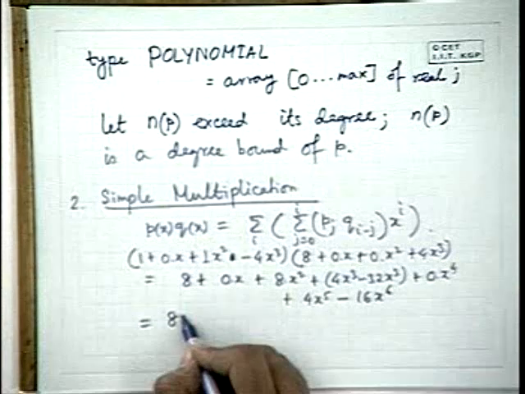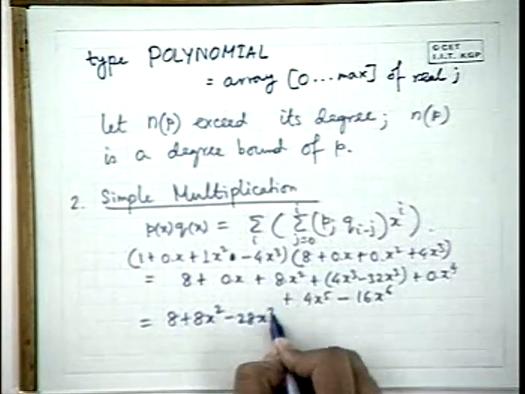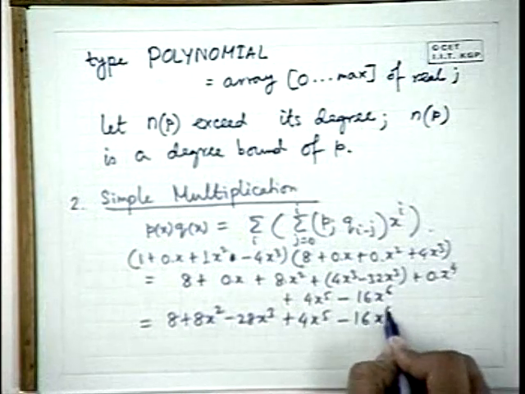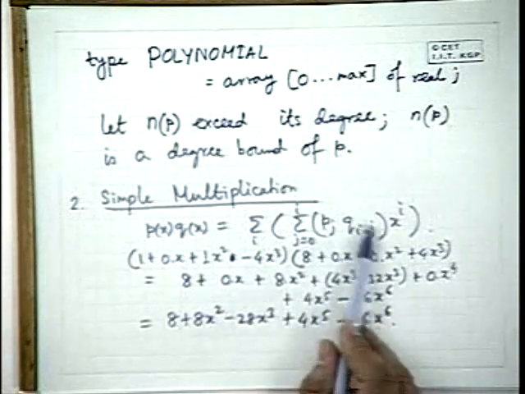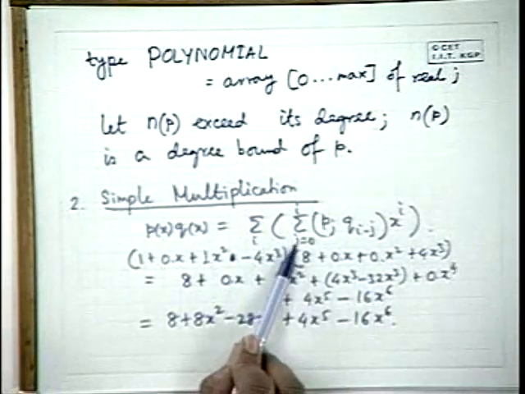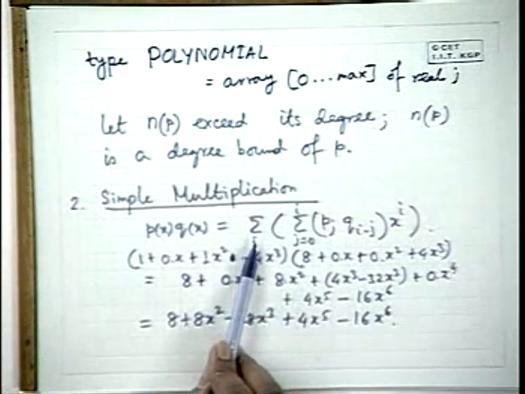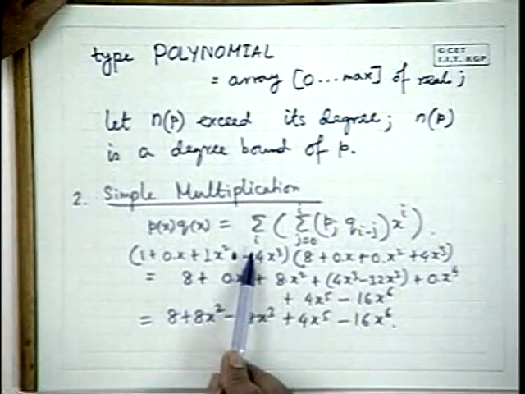If you add it up properly, it becomes 8x squared minus 28x cubed plus 4x to the 5 minus 16x to the 6. This is just to show how it proceeds. Basically, you run over one index j, within another loop going over i. There should be two loops.